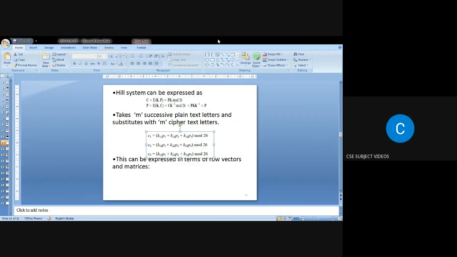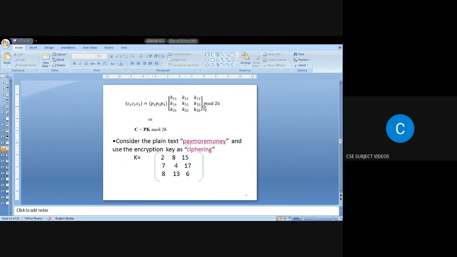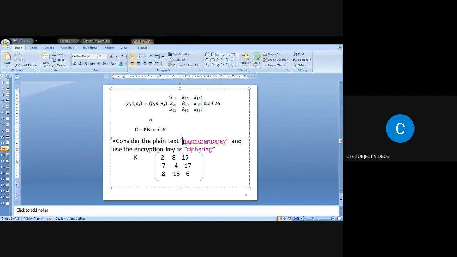The letters are represented in the form of rows and columns in a matrix. So consolidating the previous formulas, we can take C1, C2, C3 equal to P1, P2, P3 into the key matrix mod 26. So consider the plain text pay more many.